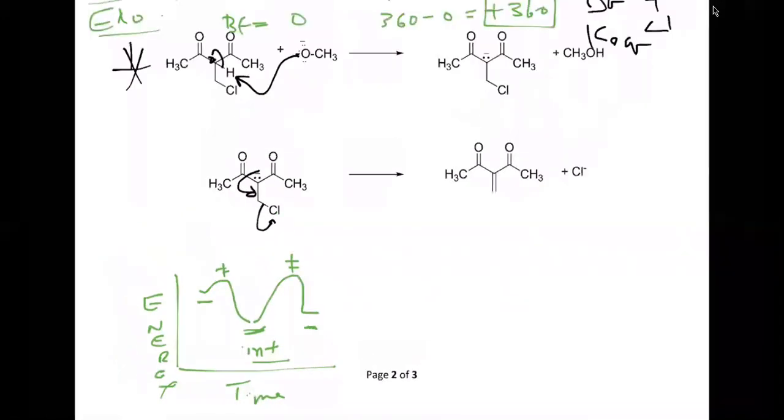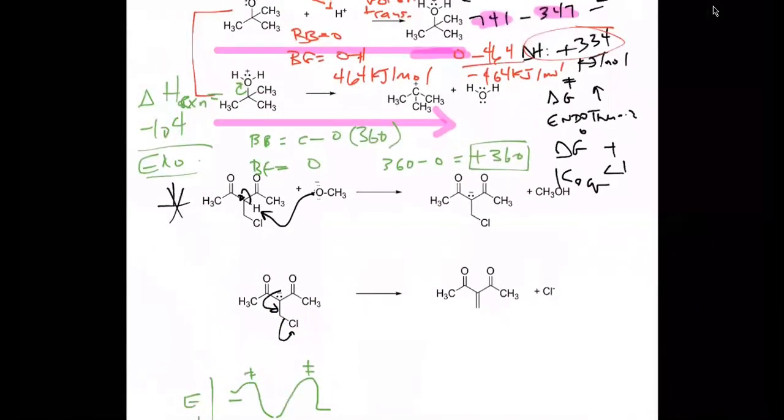Then time and energy, time on the X, energy on the Y. And that's that. All right. Any questions about that? That overall, that is a stepwise process as well. Right. Any questions about that?